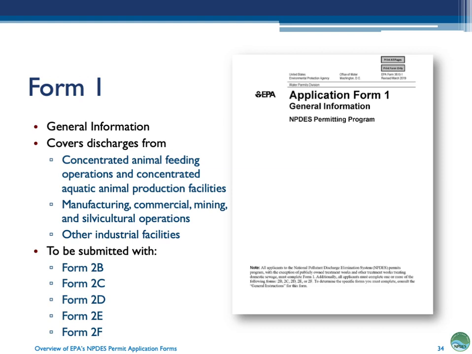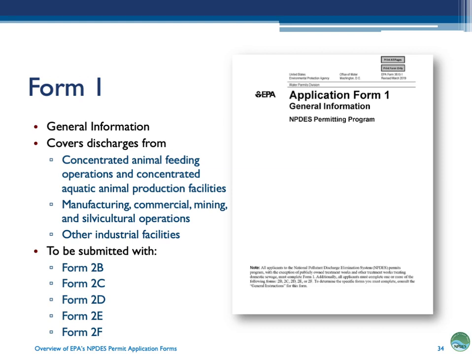Form 1 must be completed by all NPDES permit applicants except POTWs and treatment works treating domestic sewage. If you operate a concentrated animal feeding operation or concentrated aquatic animal production facility, manufacturing, commercial, mining, or silvicultural operation, or other industrial facility, you must submit Form 1.